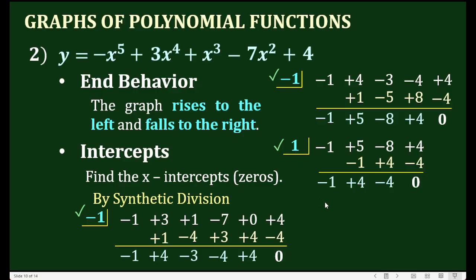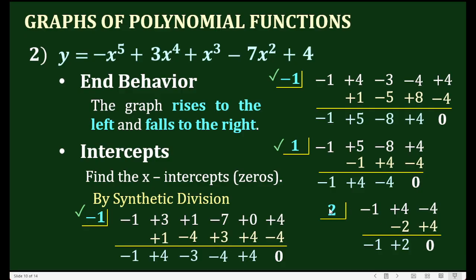Then we go on with the process. This time we consider negative 1, positive 4, negative 4. For the next possible root, most probably that is 2. Let's proceed. Bring down negative 1, times 2 is negative 2, plus 4 is positive 2, times 2 is positive 4, so 0.